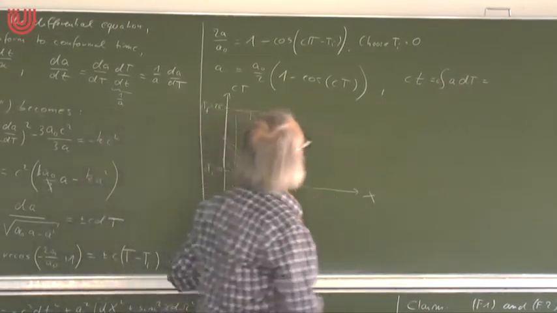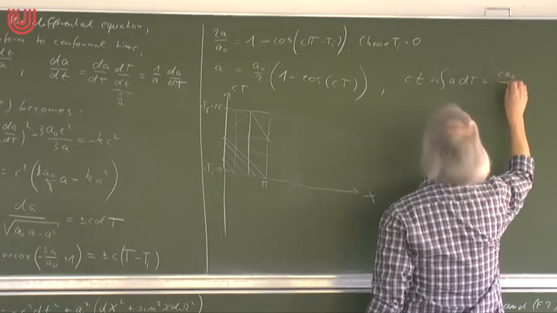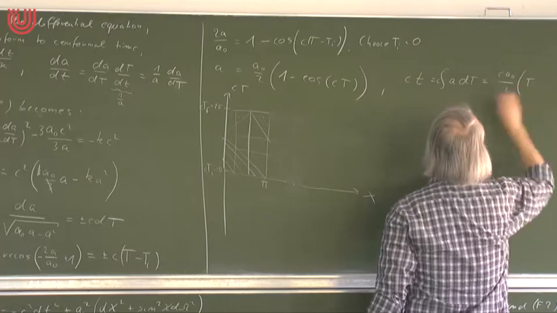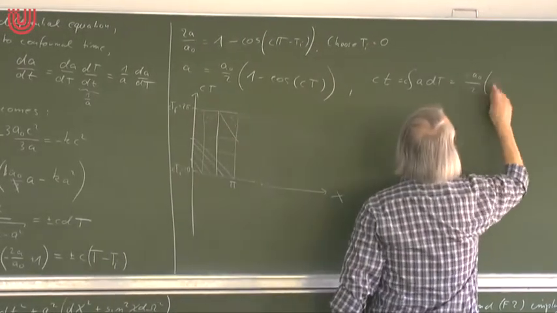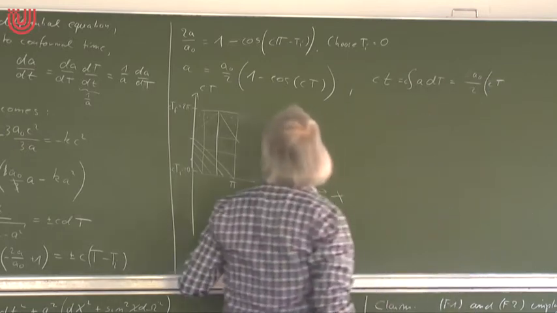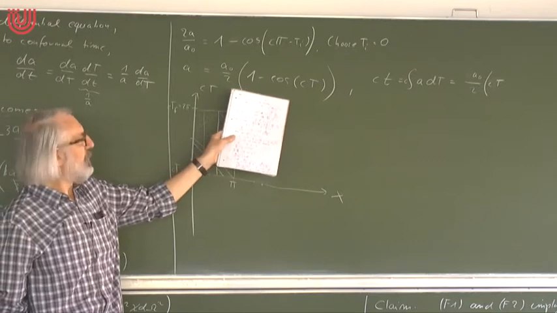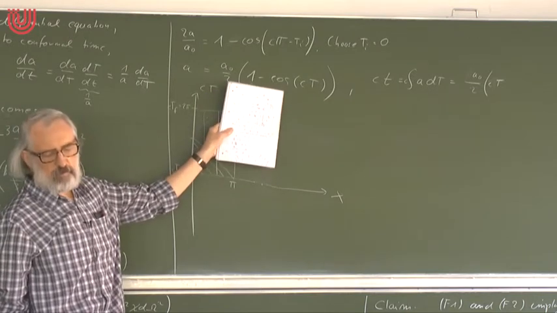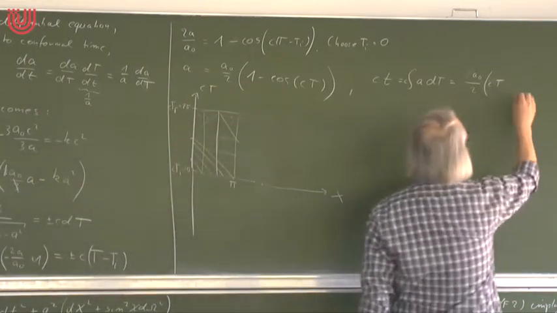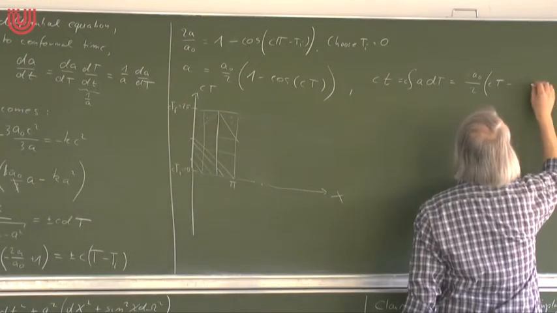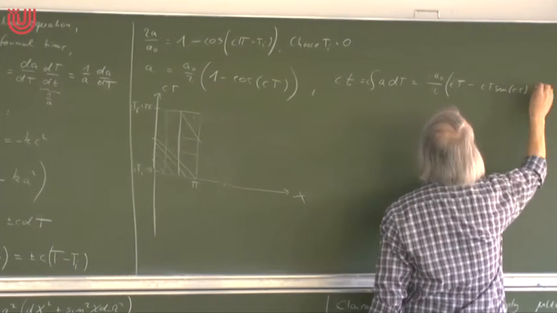Well, if I integrate the 1, I get, so I have a c a naught over 2. If I integrate the 1, I get a CT, or let me write the c inside the bracket, that's nicer. The CT, and what do I have to differentiate in order to get minus cosine? I think I have to differentiate minus sine, right? So this is minus CT sine CT.